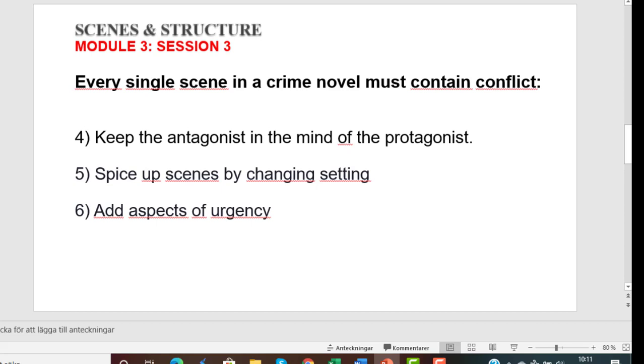Sometimes you can spice up the scenes by changing the setting or the scenery. Instead of the ordinary environment, try an isolated place in a dangerous area or an eerie, risky place which induces anxiety.